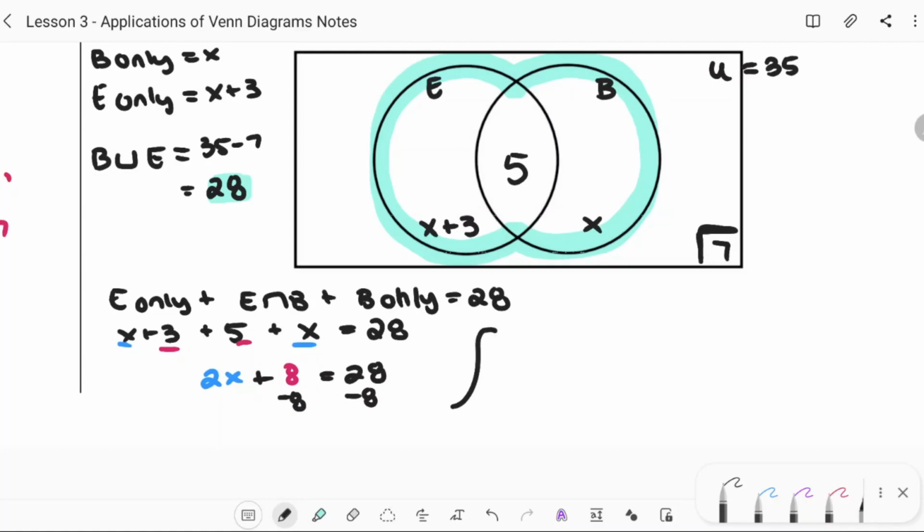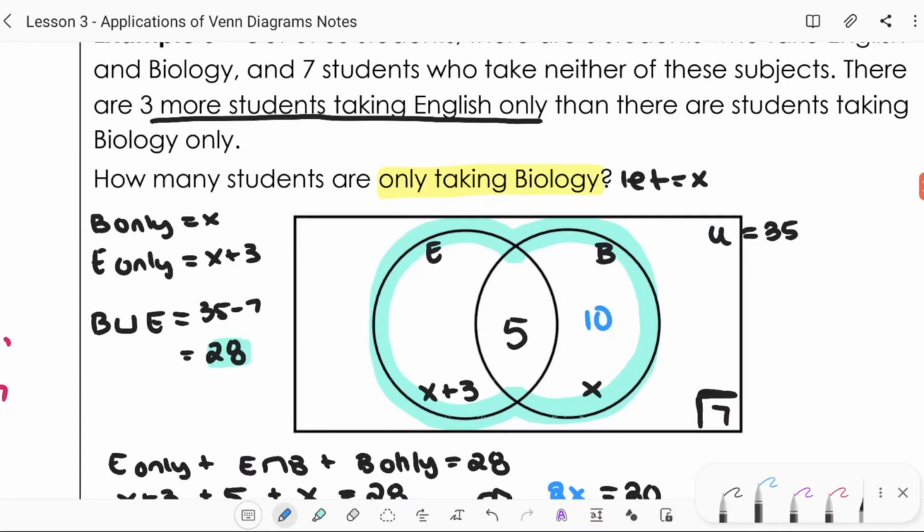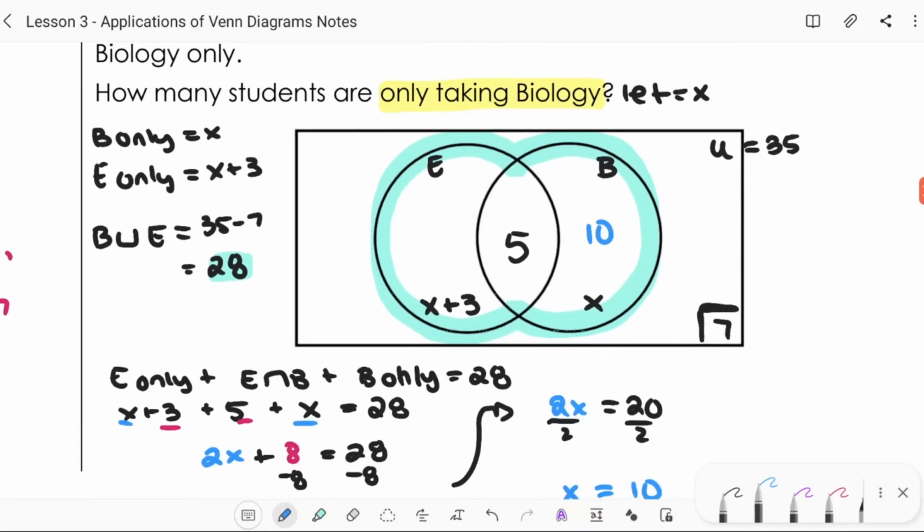I have 2X, and that is equal to 20. I divide both sides by 2, and I find out that X is 10. So the number of students taking only biology is 10. And if 3 more students were taking English only, X has a value of 10, so X plus 3 is going to be 13.